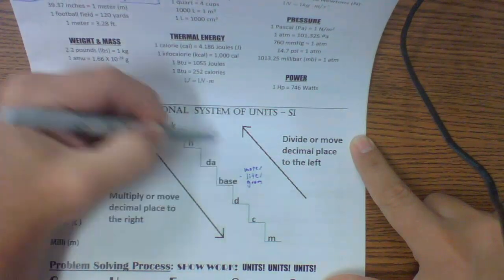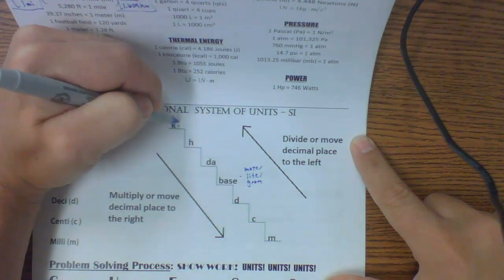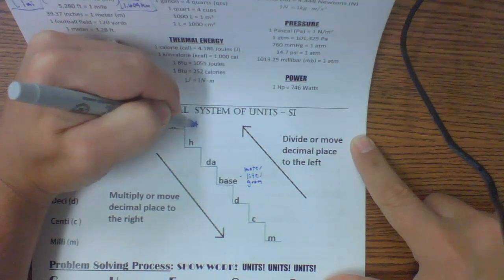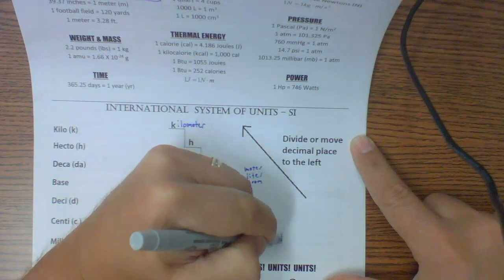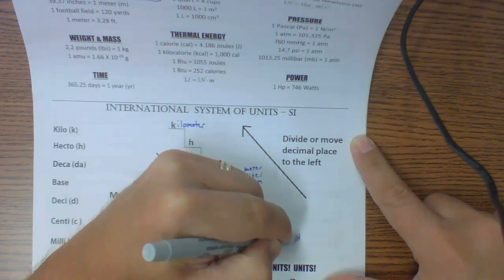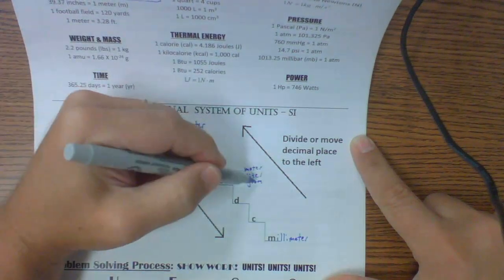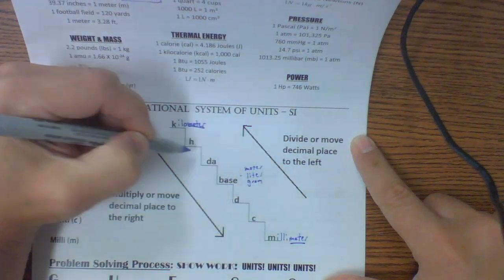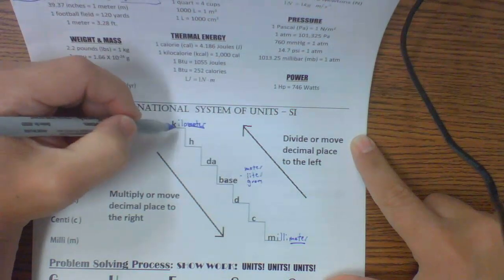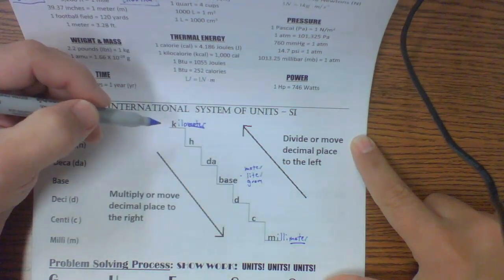So if we go up here, this is a kilometer, and if we went down this way, this would be a millimeter. You can attach the base to any of these prefixes. These are the different prefixes that we like to use.